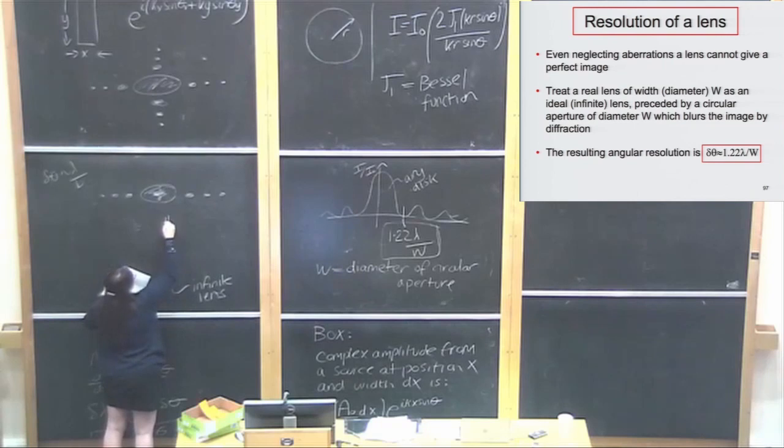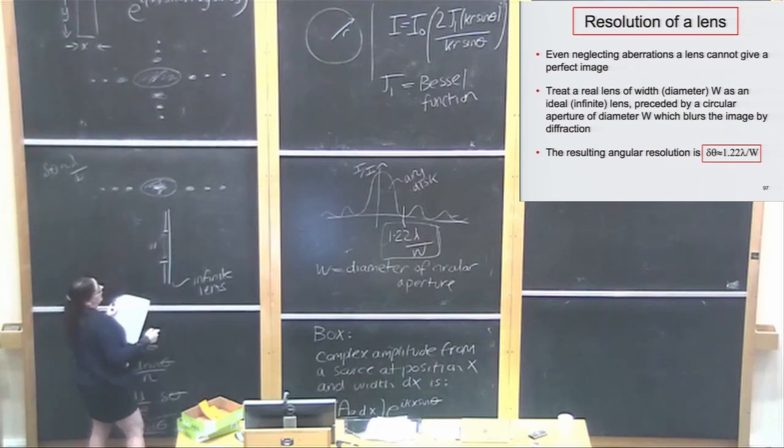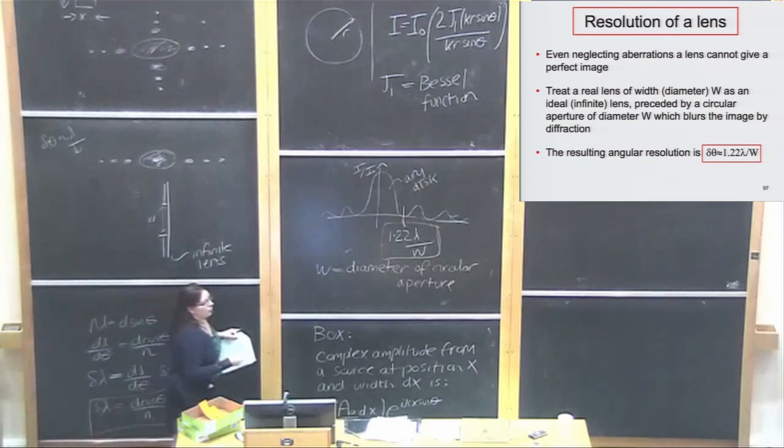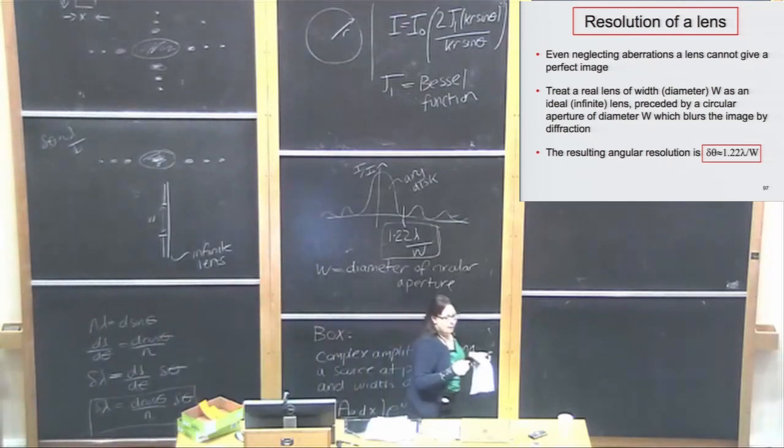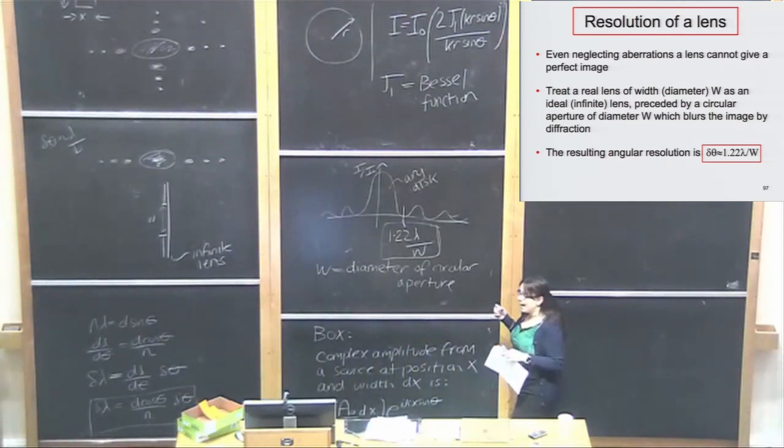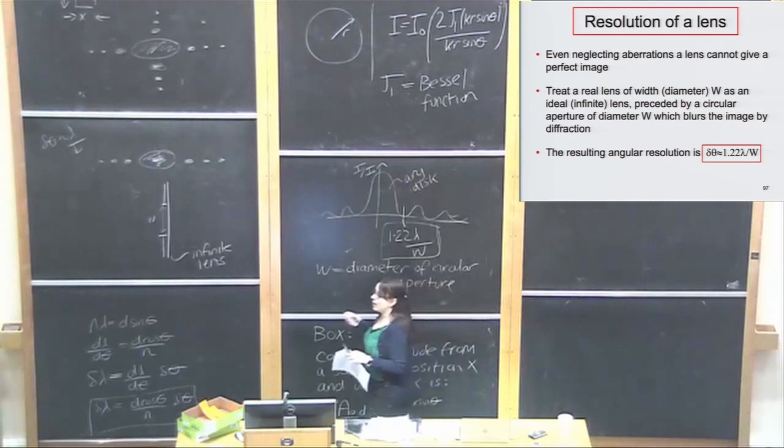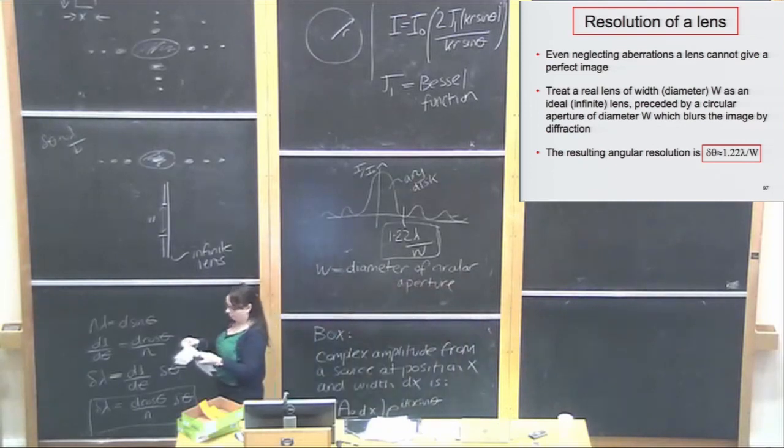Then you can think of what the behaviour of a finite size does: you can just imagine that this perfect lens has been preceded by an aperture of width W. You can model it like that, and maybe then you can understand why a lens is also going to behave the same way as a hole of the same size.